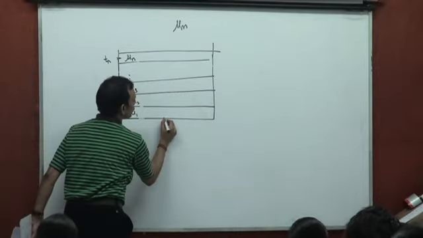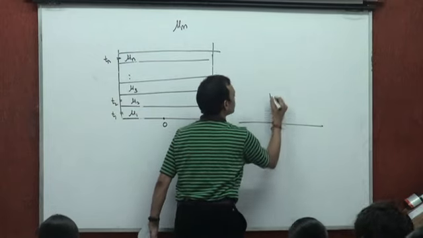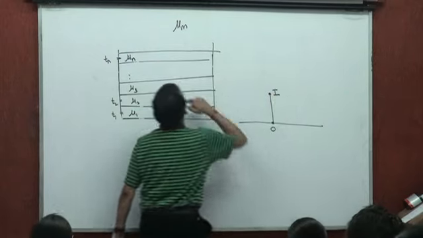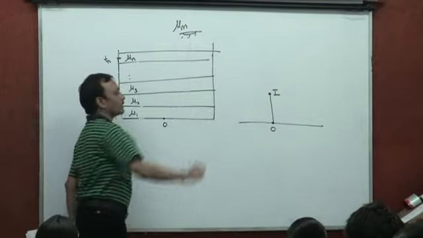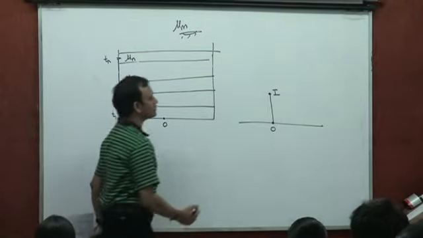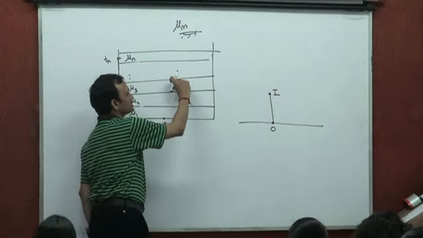And if there is an object O here, at the bottom, then the shift in the object, that means the final image I, after all refractions and emerging into this medium, the vertical shift produced would be the vertical shift produced by this, plus the vertical shift produced by this, plus the vertical shift produced by this.